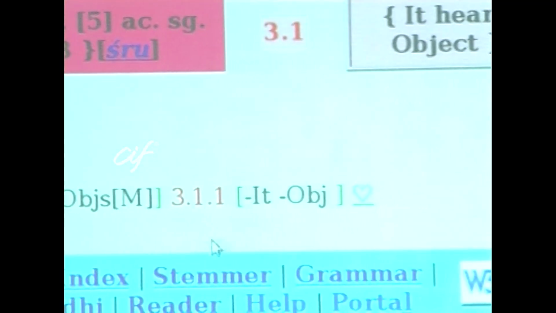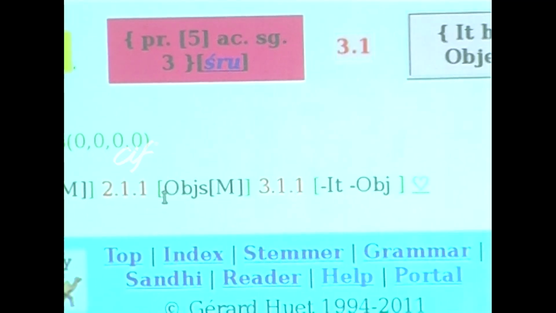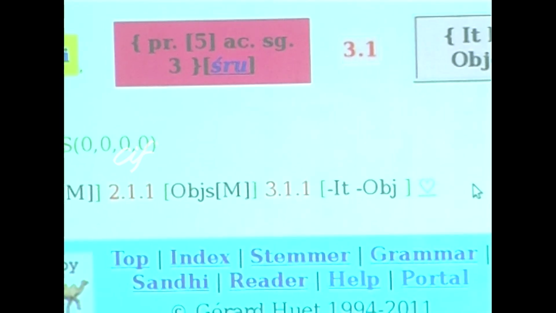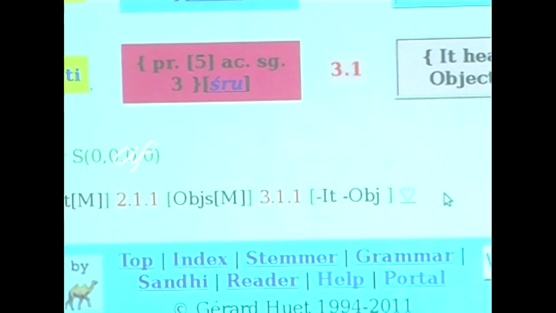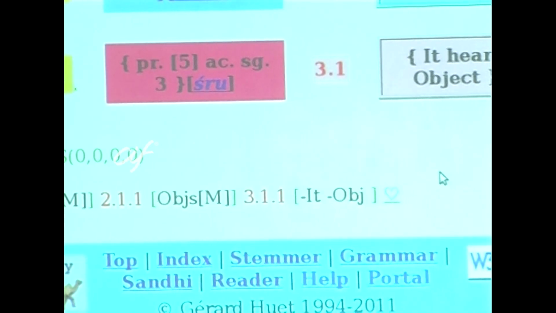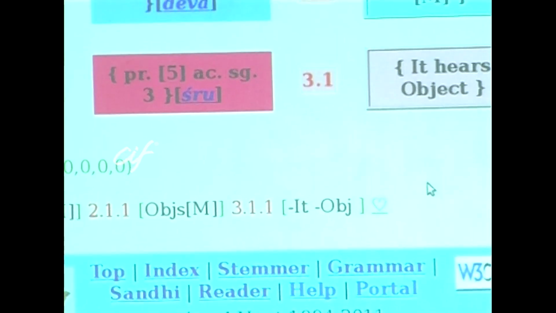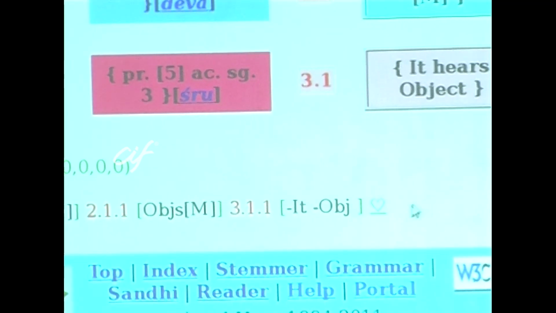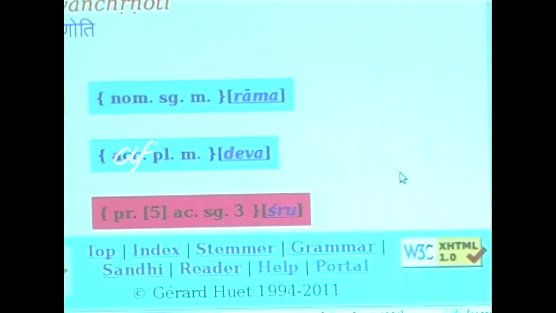So the it will match this it, and the obj will match this obj. Okay? So it's a little bit cryptic, but we shall see when the sentence is more complicated and there will be many interpretations. So there are things that the machine will not be able to do automatically. So you have to help the machine and decide. So here the machine gives a unique solution. So if you're satisfied, you click on this heart, and now that's it.